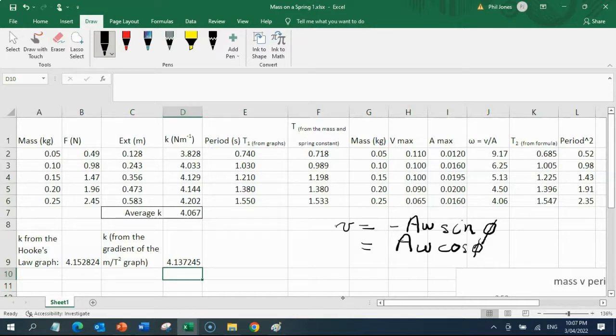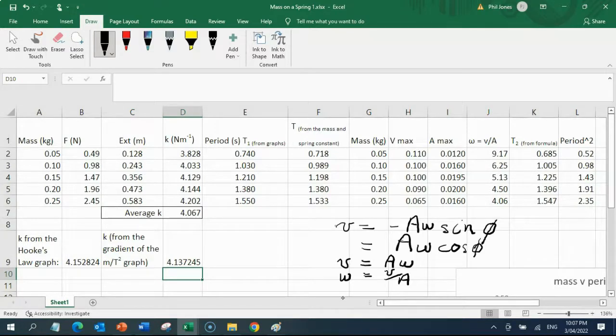So we get the equation that V, the velocity, is equal to the amplitude times omega. Now, omega then is equal to the velocity divided by the amplitude. So this is the equation.